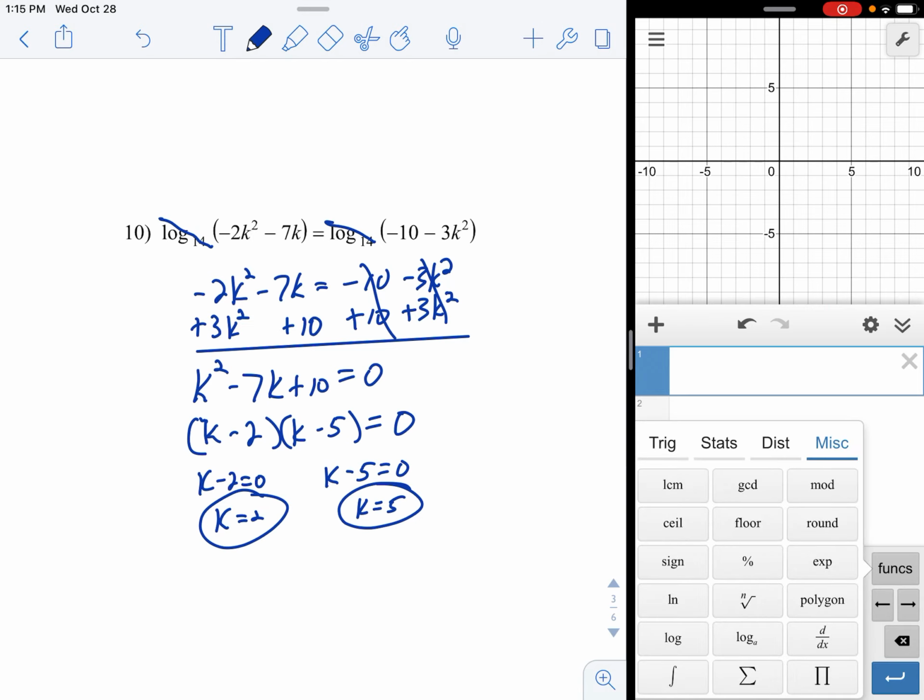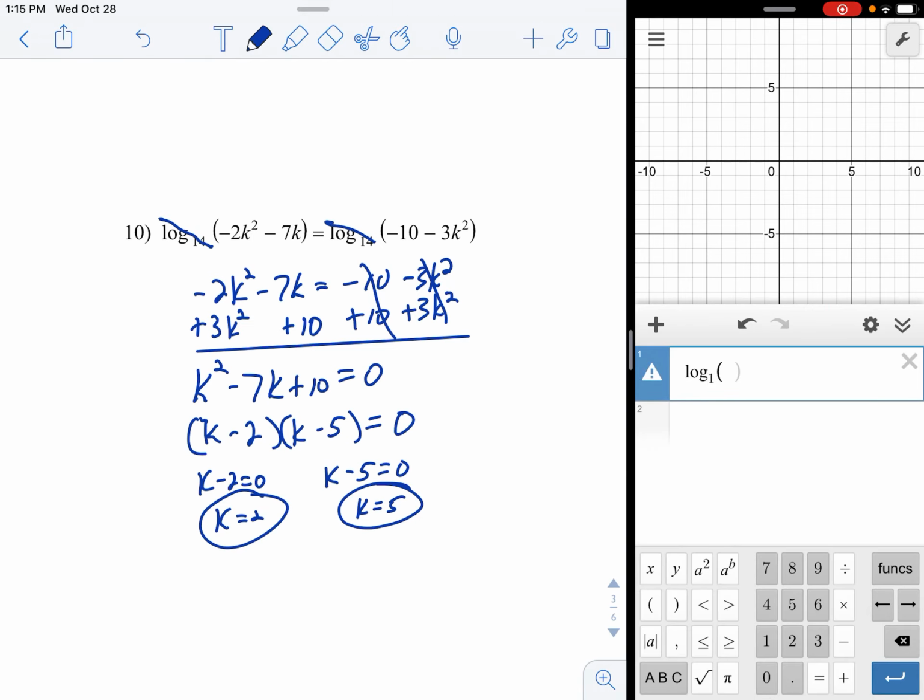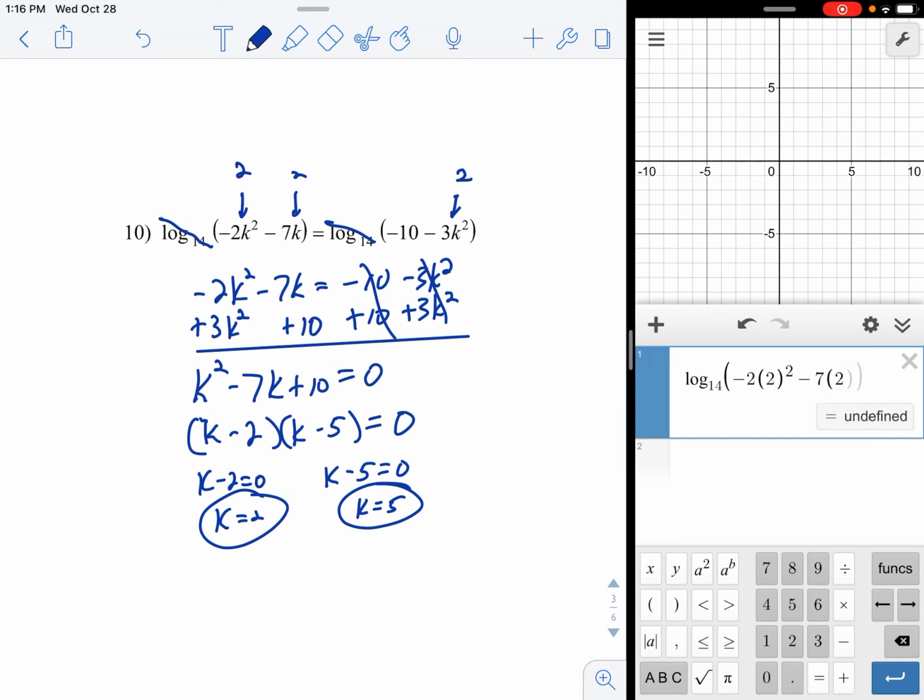So function log base a of 14. I'm going to start by plugging in a 2 here and here and then here. So -2 times 2 squared minus 7 times 2.